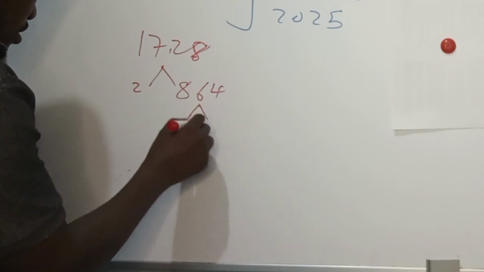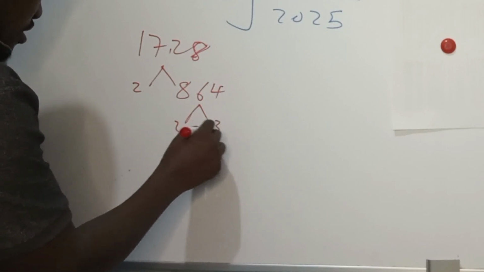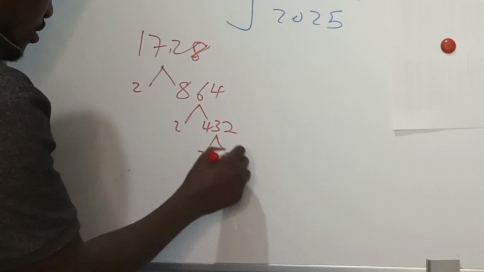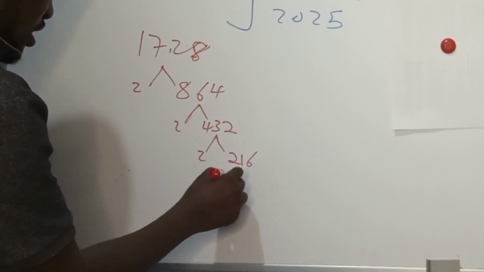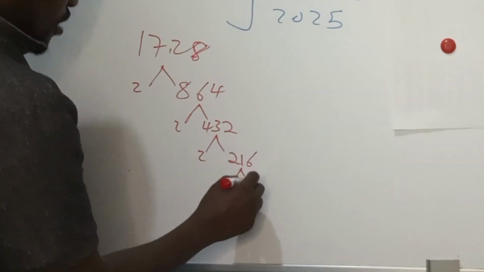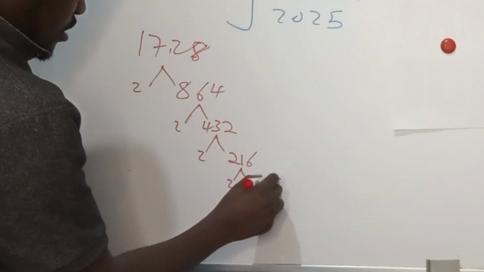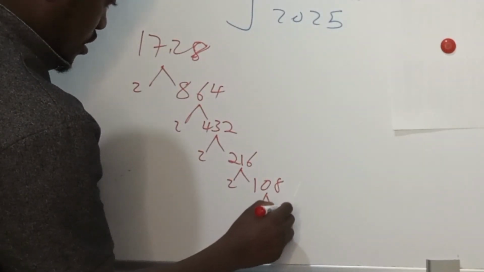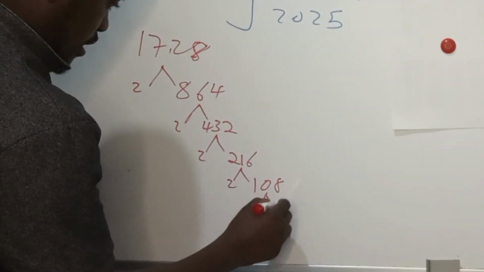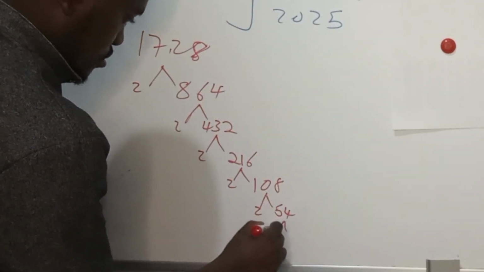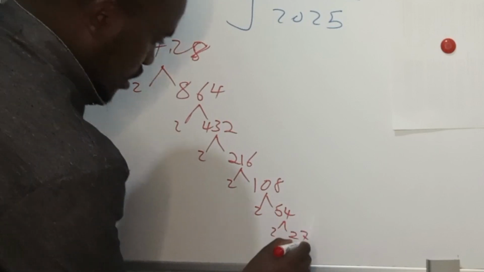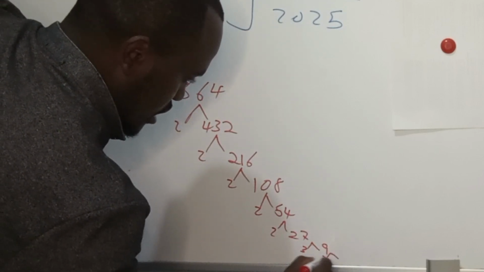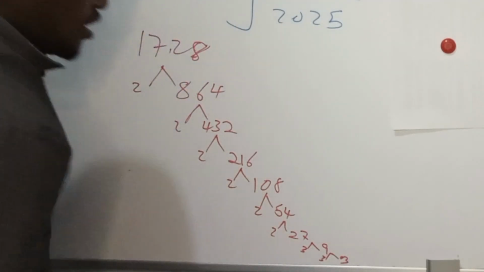Then you take 2, you have 432, then 216, then 108, then 54, then 27. Then you take 3, you have 9, then 3 again, and 3.